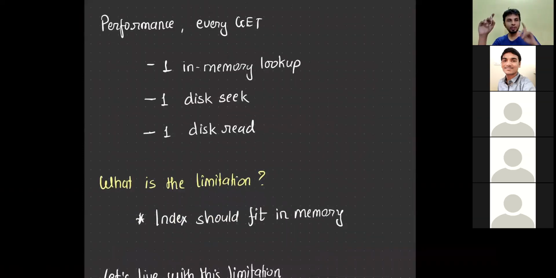One get is equal to one in-memory lookup on this hash table plus one disk seek, because you have just one magnetic disk which is continuously writing, but when you're getting data, it would do one disk seek to go to that offset and one disk read to read that chunk from the disk. So now your gets are also faster. This is the bare minimum that you can do to read certain data from this file: one memory lookup, one disk seek, and one disk read.